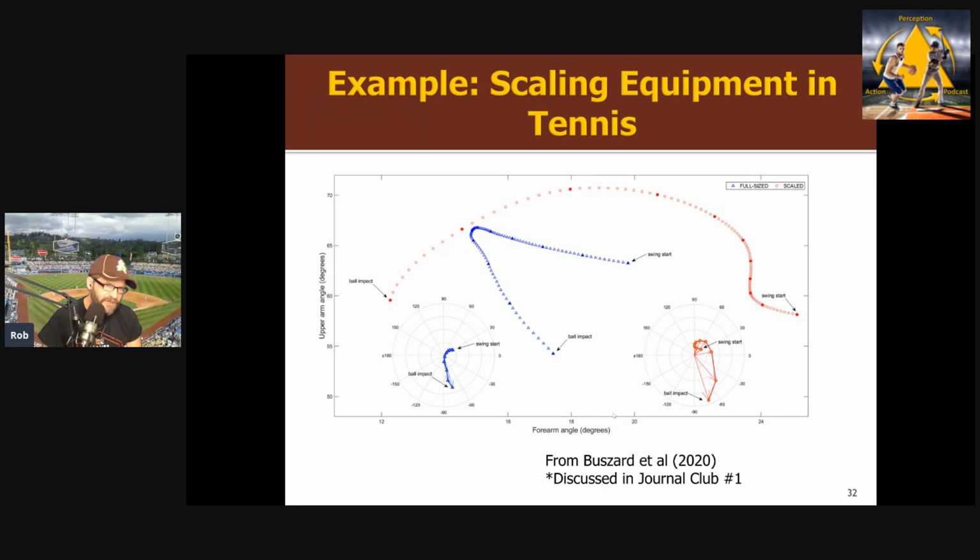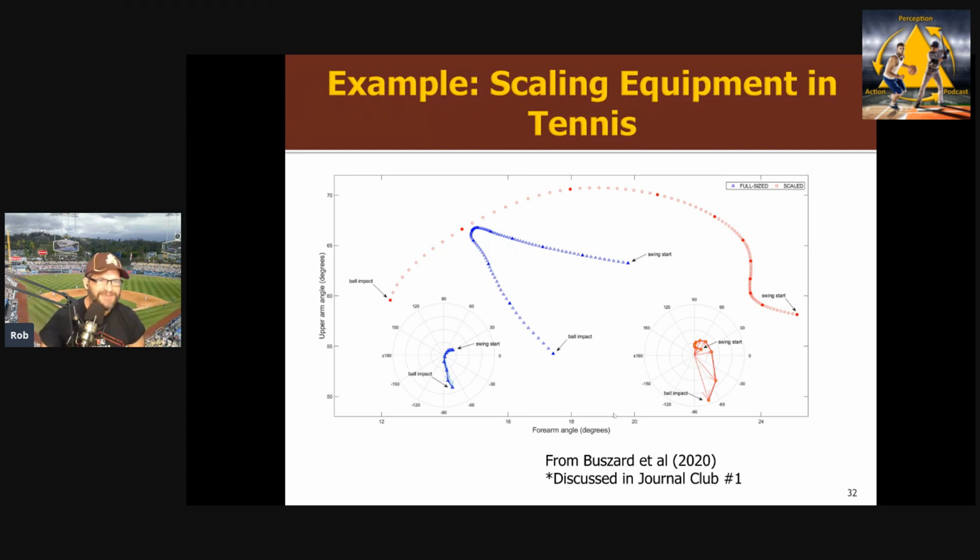But I love this figure because it kind of illustrates the same thing I was talking about. So this is the state space created by the angle between your forearm and your upper arm when you're doing a stroke in tennis, right? The blue is what you get when you give kids an adult racket and try to teach them the traditional tennis stroke, right? So you get that blue movement, that blue trajectory. The red is what you get if you give them a smaller racket, lower compression balls, and kind of let them explore.